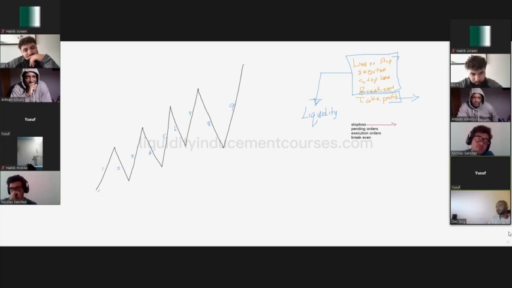So we agree there's liquidity here, right? Liquidity here, liquidity here, the lows. Is it just the lows you put your stop loss? No. If you're selling, won't you put your stop loss at the top, the highs? Yeah. Right.